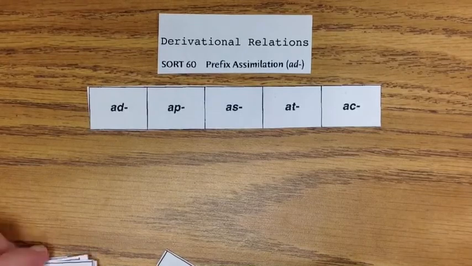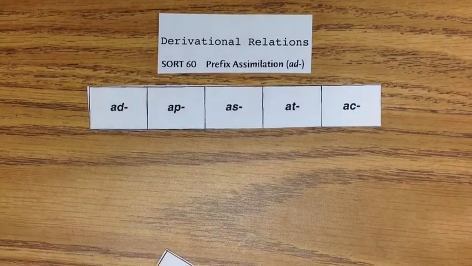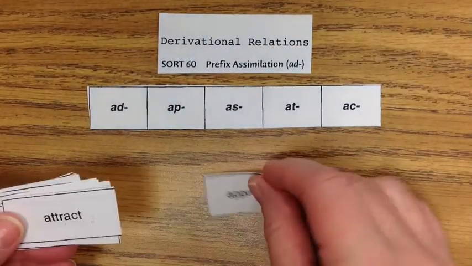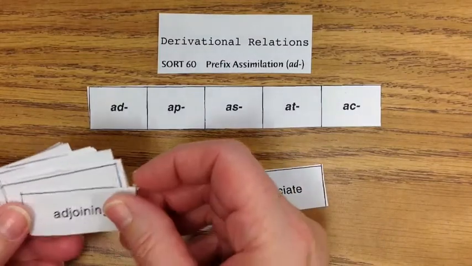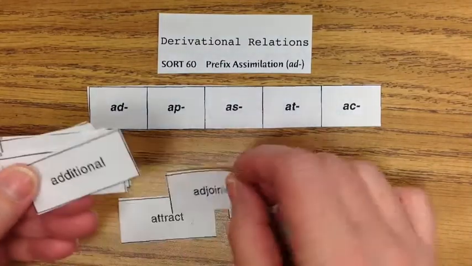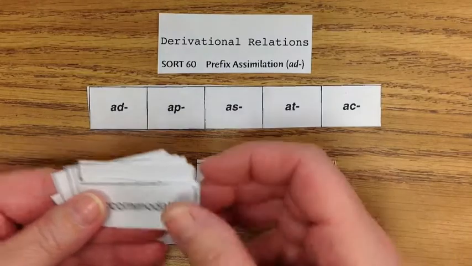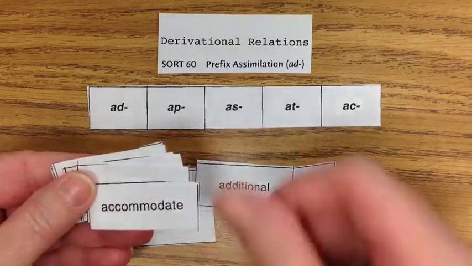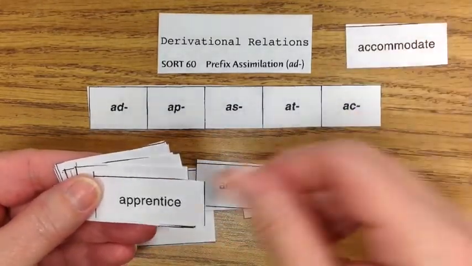So go through your words. You really need to go through your words. So appreciate, attract, adjoining, additional, accommodate. We're going to be talking about this word. That's a hard one.